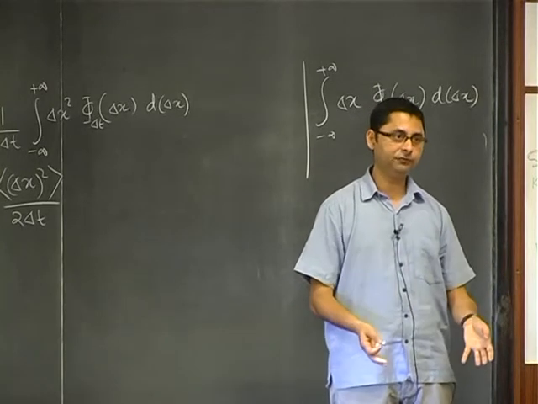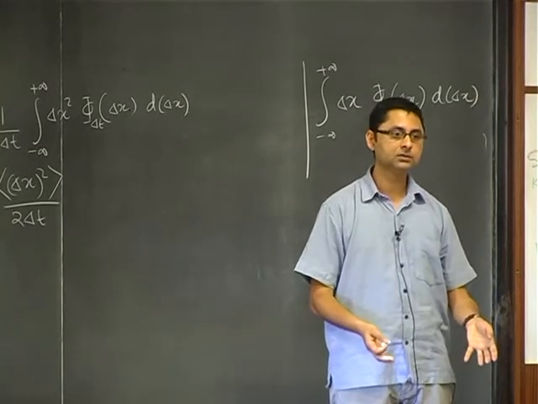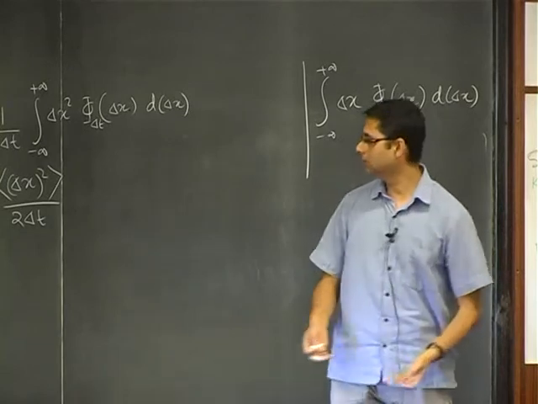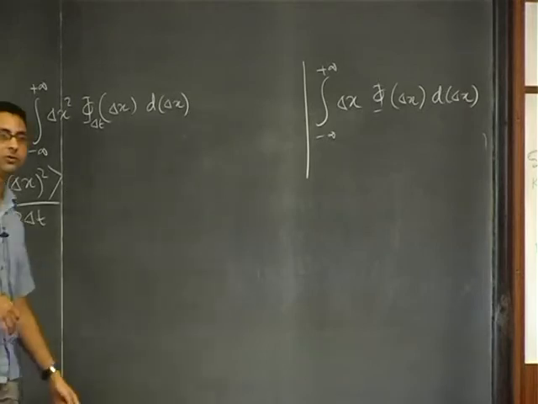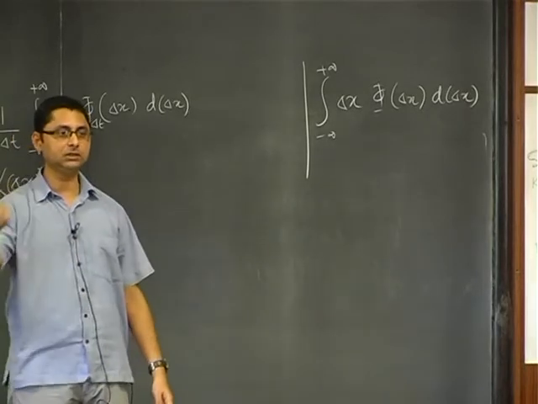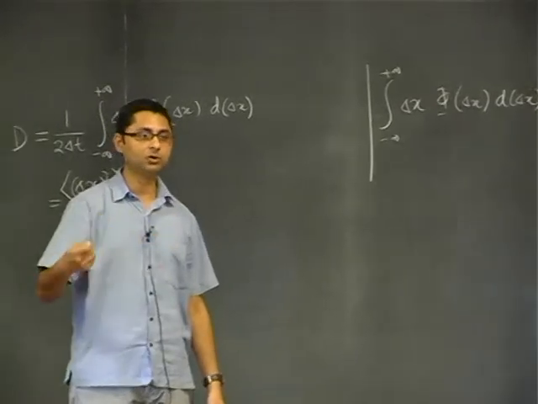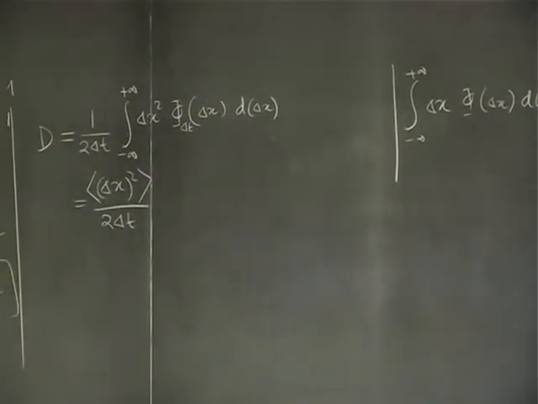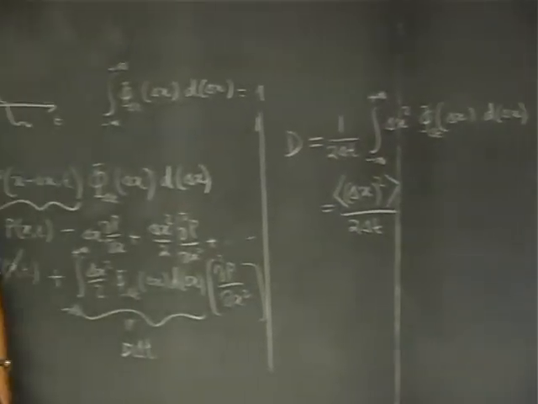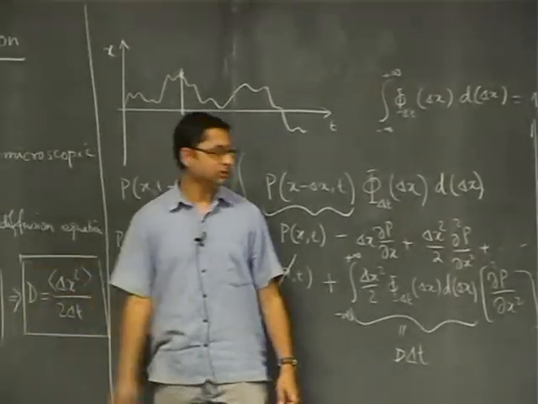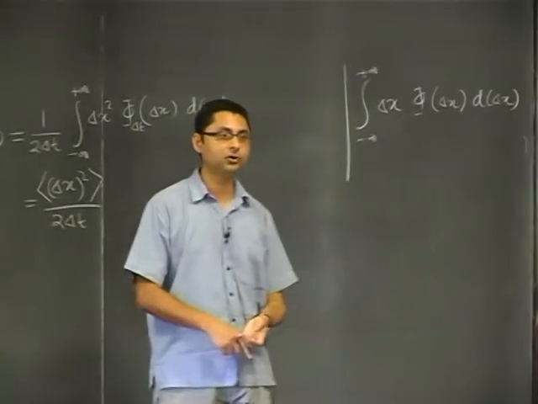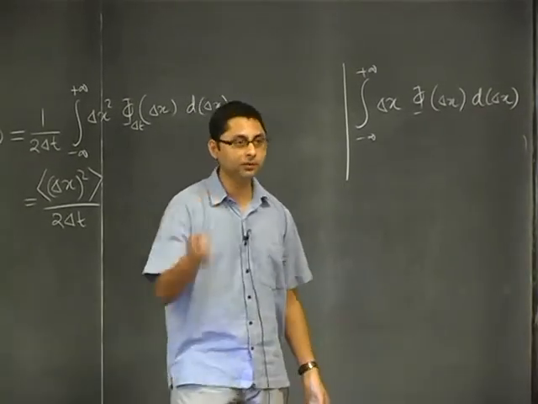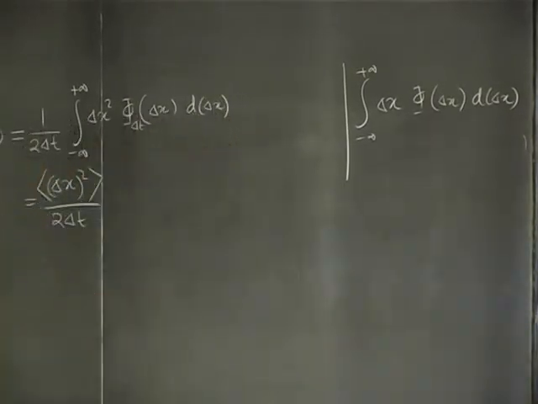If you have an external field, then this term will be there, and your equation will have another term, the term we got when we derived the random walk with p and q, right? So there is one more term. If you remember, we had this term minus D mu del p del x, right? That was the case of a constant field, but you can write down an equation for any arbitrary field, and I will probably do that today.